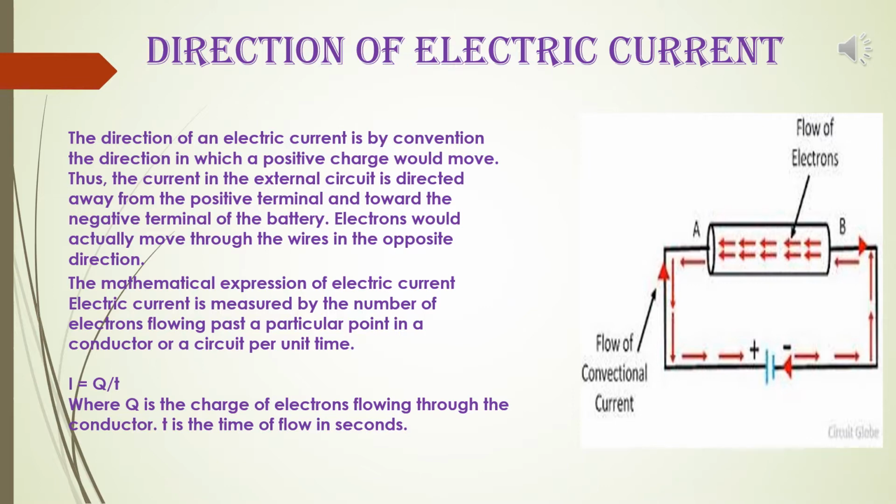Electrons would actually move through the wires in the opposite direction. See the diagram, you will understand. Flow of electrons in this way and flow of conventional current in another way, just the opposite way.